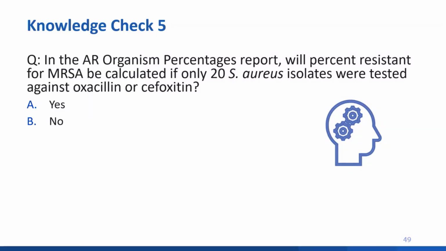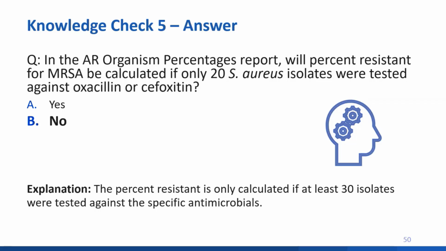A, yes, B, no. The answer is no. The percent resistant is only calculated if at least 30 isolates were tested against the specific antimicrobials in the phenotype definition.